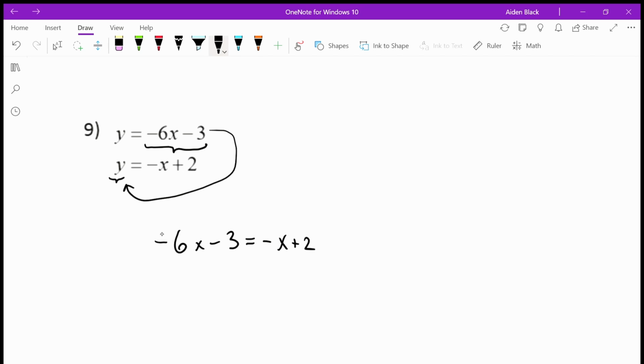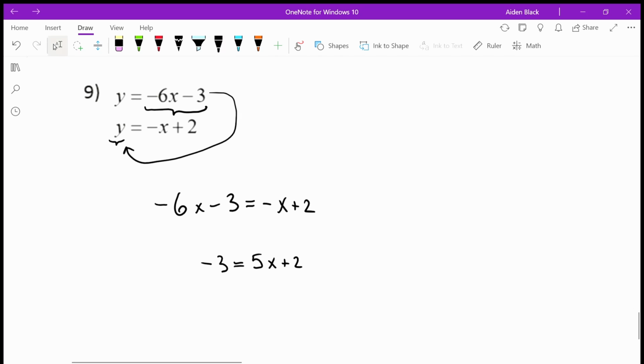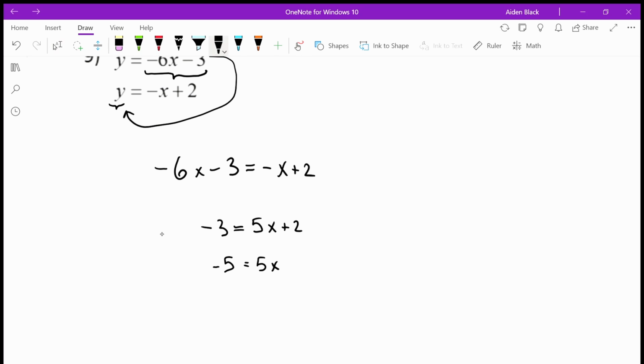So let's add 6x to both sides. And then let's subtract 2 from both sides. Divide by 5. X is equal to -1.